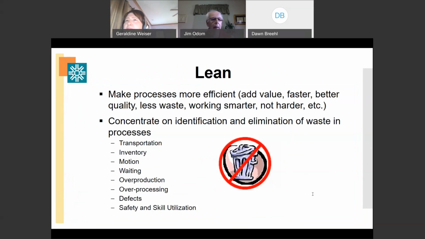Those are our different sources of waste, what the Japanese call muda, M-U-D-A, another term for waste. We'll talk about the 5 Lean principles. I'll also talk about Kaizen events and a process called Plan, Do, Check, Act. Kaizen and PDCA are the improvement processes that we use in Lean to make improvements.